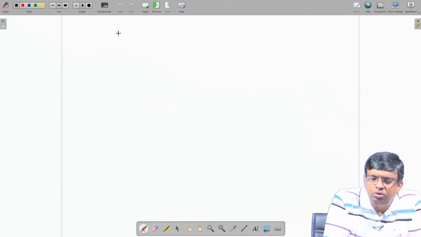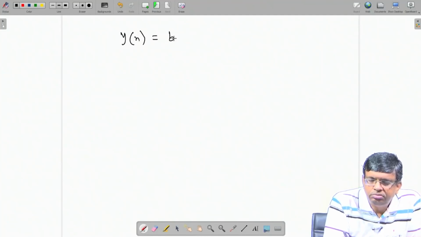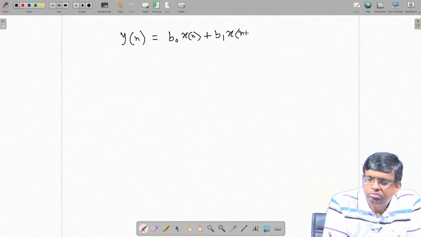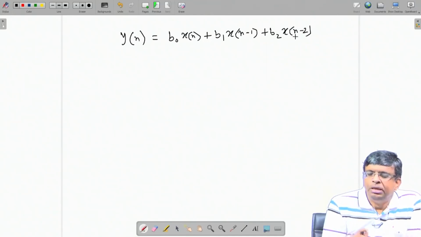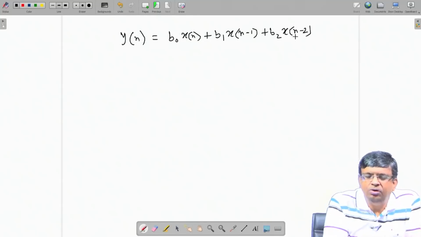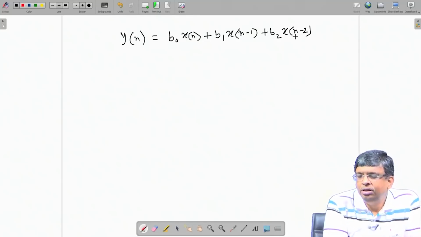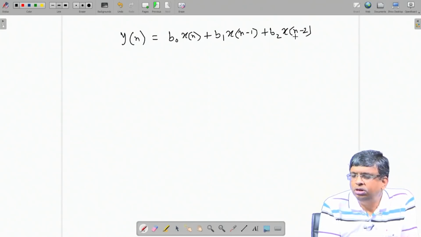Consider again the good old FIR filter. Theoretically, it should be from n equal to minus infinity to infinity, and this summation also, and ideally should have not only just 3 terms, x n, n plus 1, n plus 2, like that.